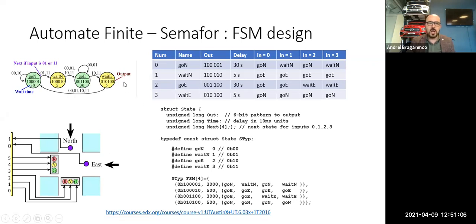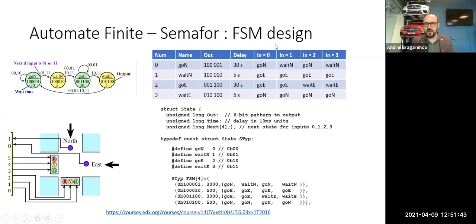Now, when we transfer this, I would prefer, by the way, to make some combination or symbolic notation, but here we will keep it binary, to relate more to what pins we are using. So we have the states go north, wait north, go east, wait east. We'll have the requests: from nobody, from both directions, from the north, from the east.